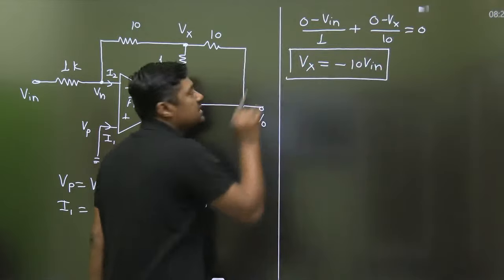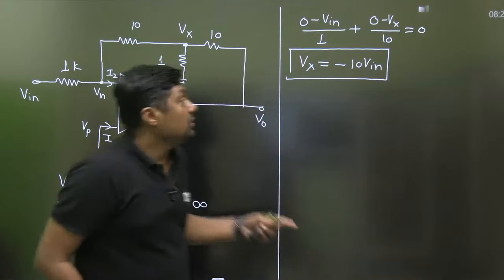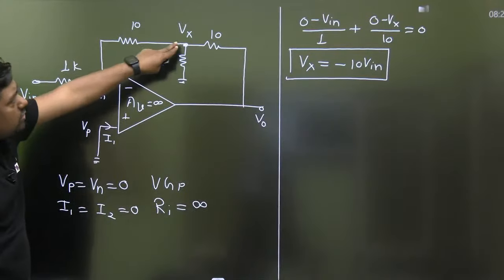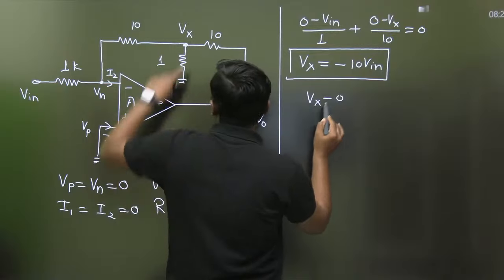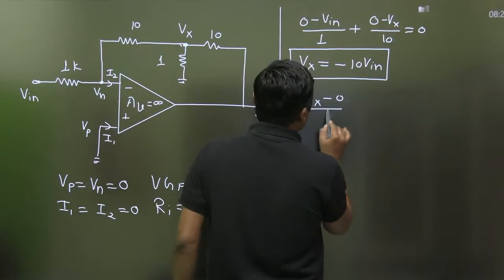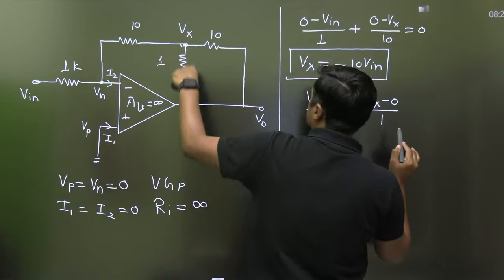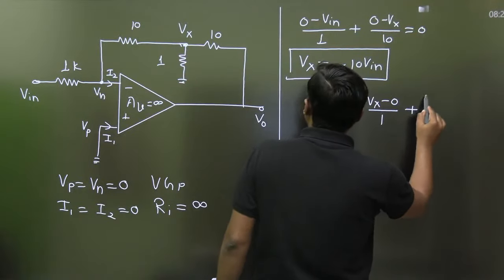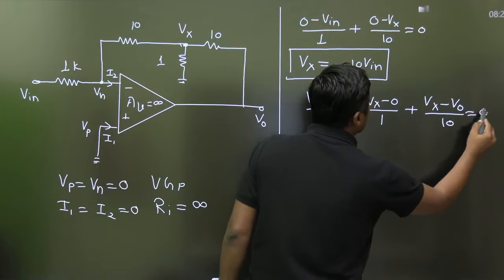But we want V0, so write down the KCL at Vx: (Vx minus 0) by 10 plus (Vx minus 0) by 1 plus (Vx minus V0) by 10 is equal to 0.